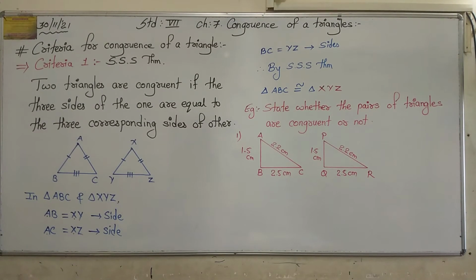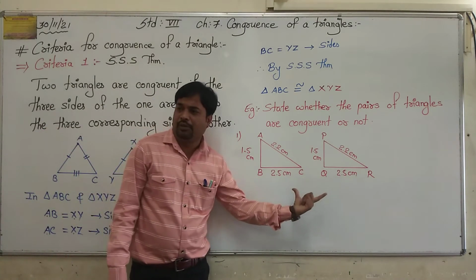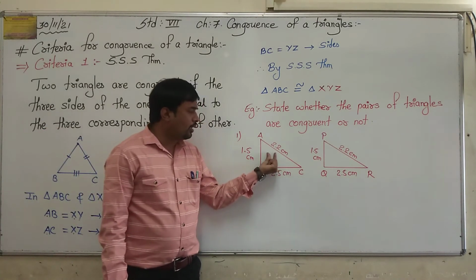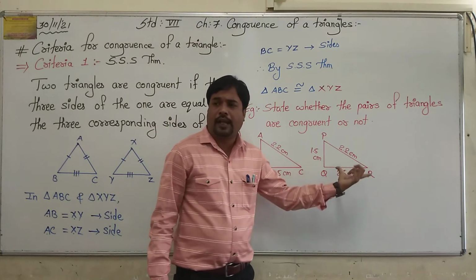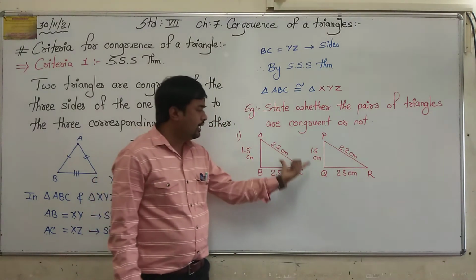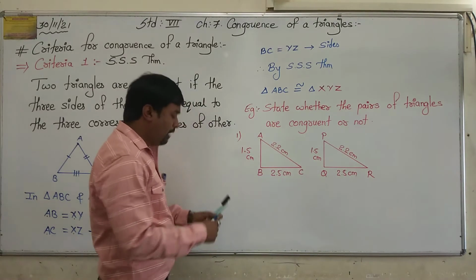One example. State whether the pairs of triangles are congruent or not. So here you can see the pairing is given to you. This is your first triangle, that is ABC, and your second triangle, that is PQR. We have to examine whether they are congruent or not. So it's very easy to identify.